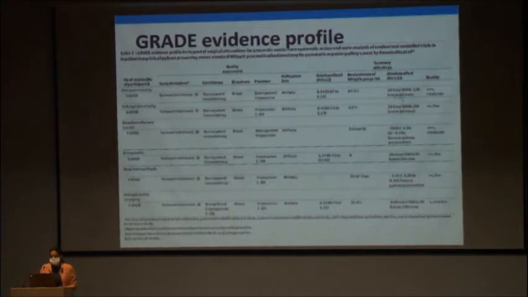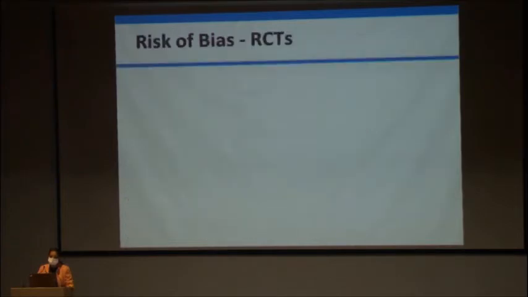And then over here you have your absolute effect. So how does this translate into actual events? You can see your 5-year mortality, 20 less deaths, but it can range from 120 less to 80 more. Right? So this is how the results are depicted in an evidence profile. This is the product of applying the GRADE tool to that body of evidence.